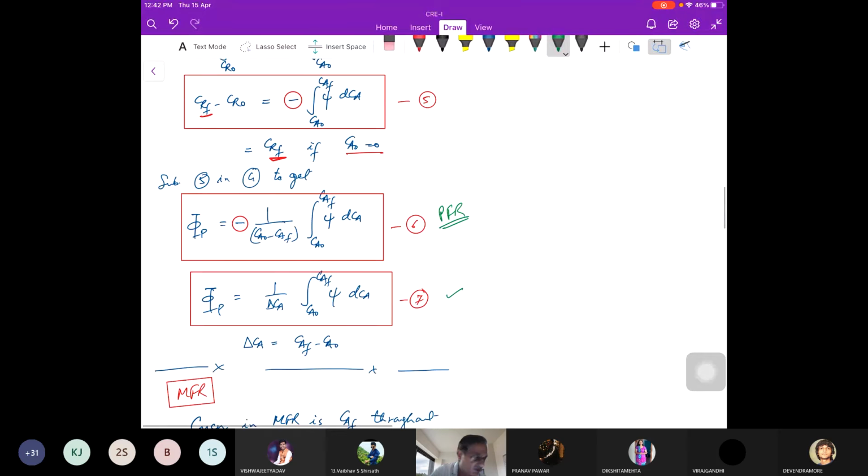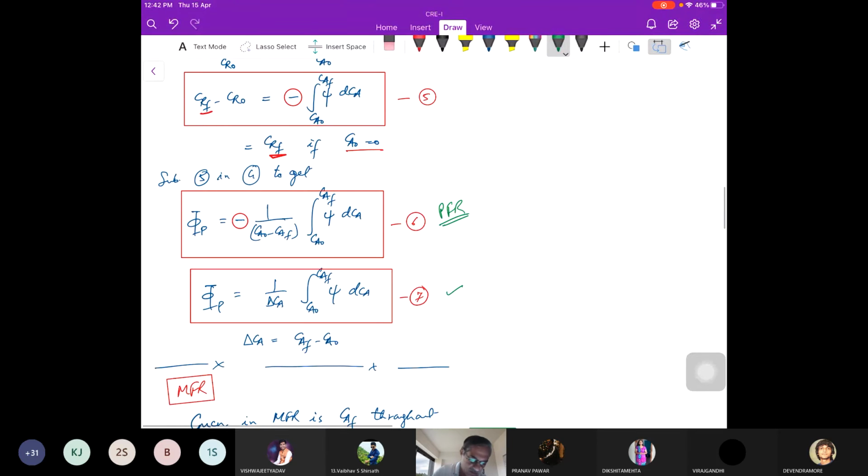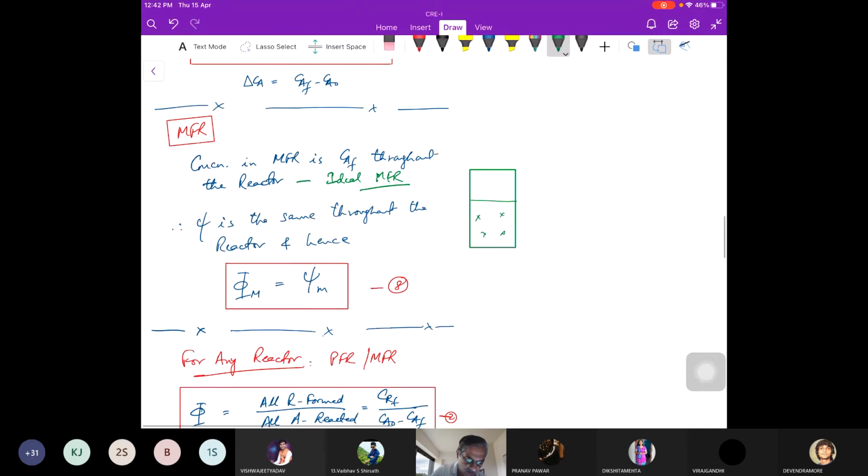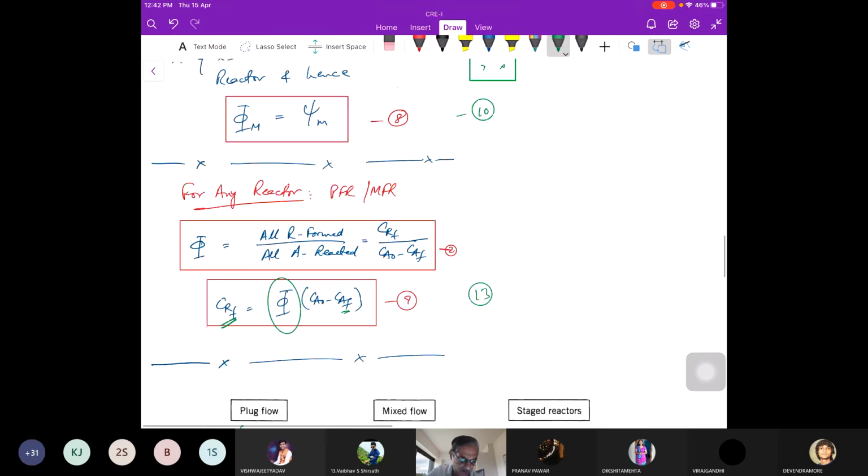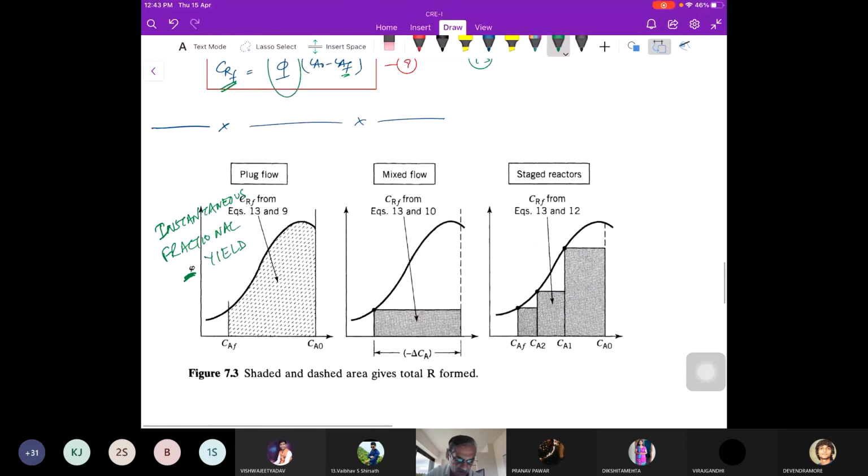This was 9, and this was 10. So these equations give this, and they have plotted psi versus C. So this kind of curve you get for a mixed flow reactor.